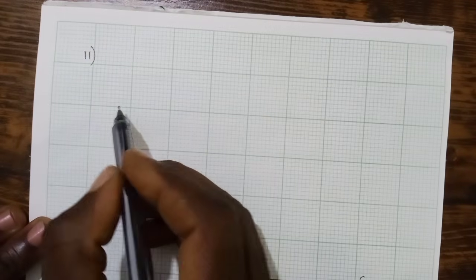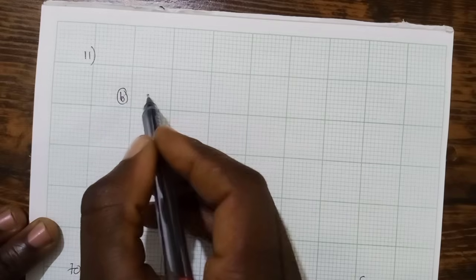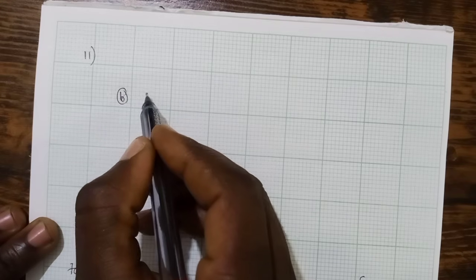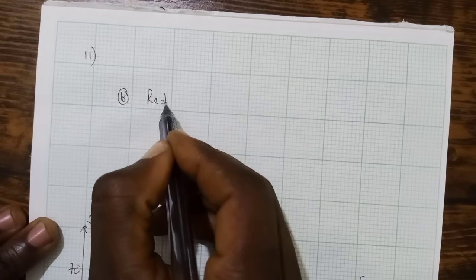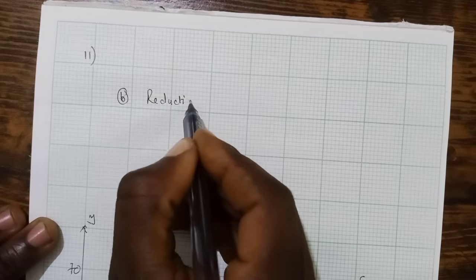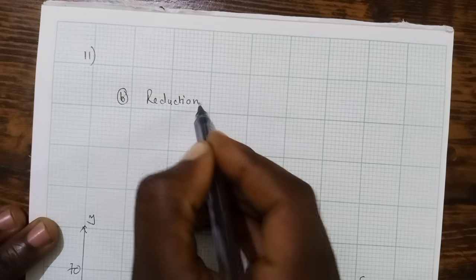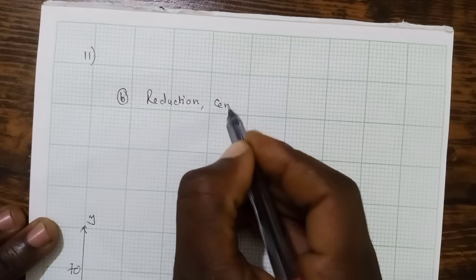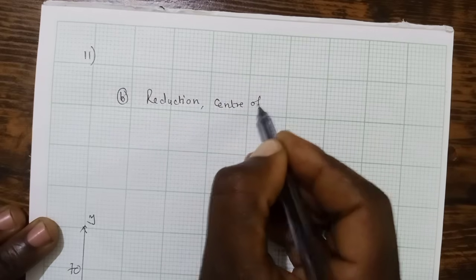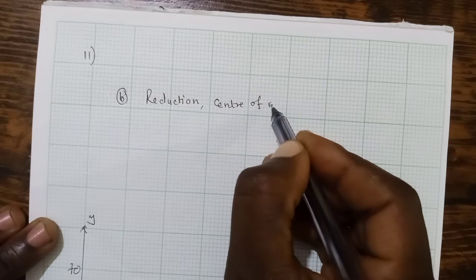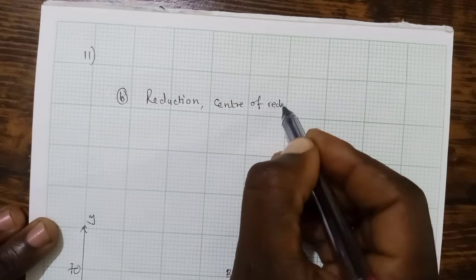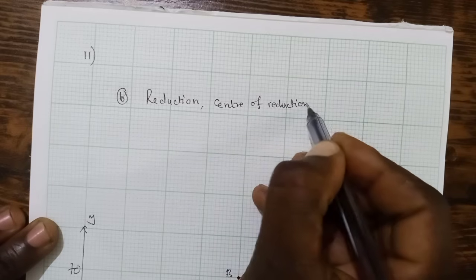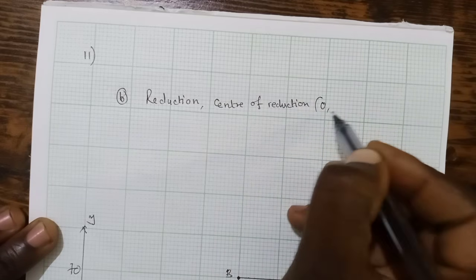We can say B, we start with the transformation. We can say reduction, comma, center of reduction. This is 0, 0.